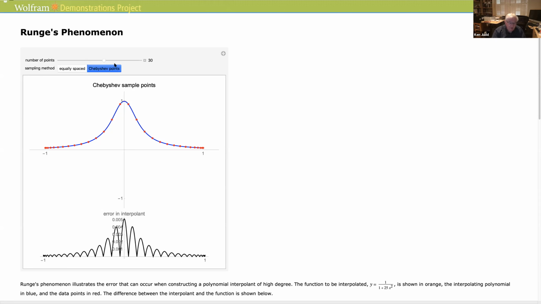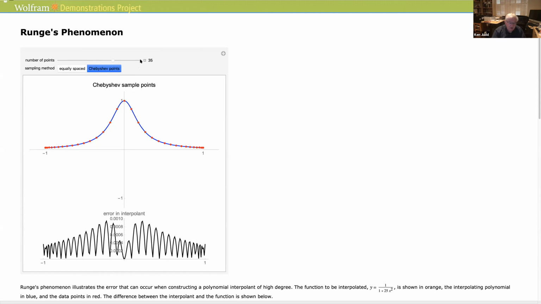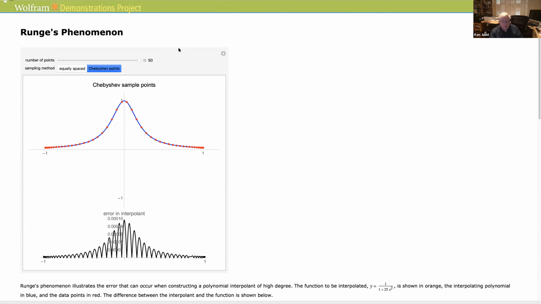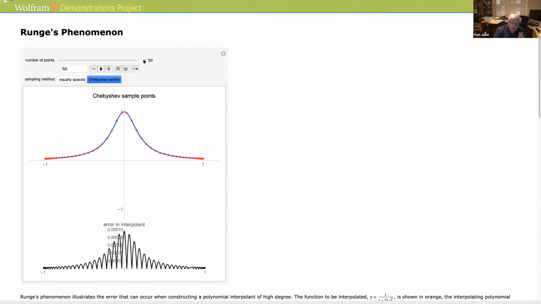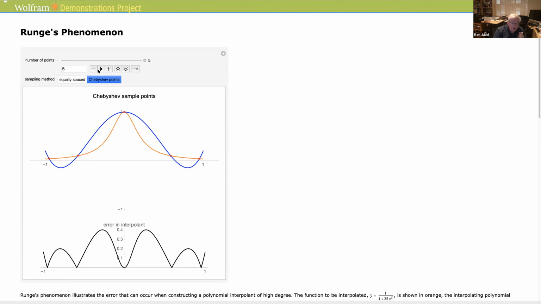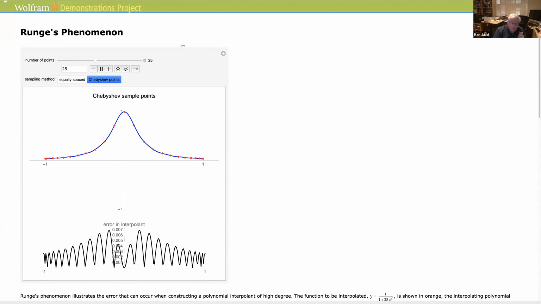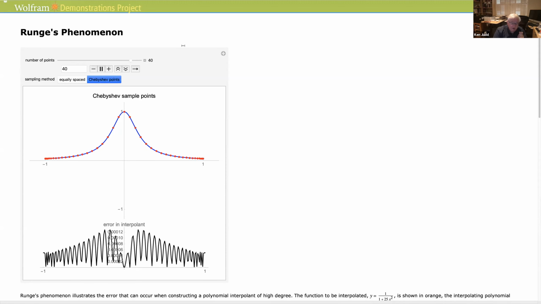And now, oh boy, this is looking good. And at the max, 50, you see that the error is practically 0. And so now let's actually do the movie. As you increase the number of points you use, the approximation gets better and better and better.